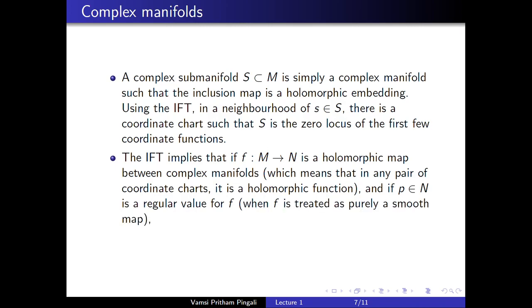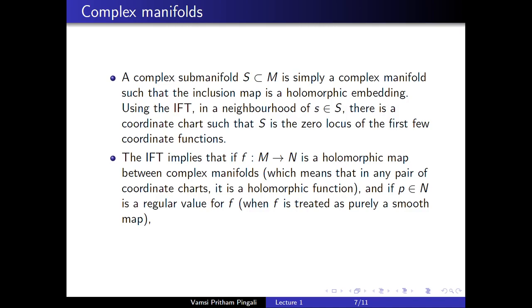A holomorphic map is in particular a smooth map, right? We know what regular values for smooth maps mean. Well, if you take the pre-image of p, it's a set of points in M. At every point, the derivative of this map is surjective, right? That's what a regular value means. And by Sard's theorem, most values are regular values, right? The set of critical values has 0 measure.